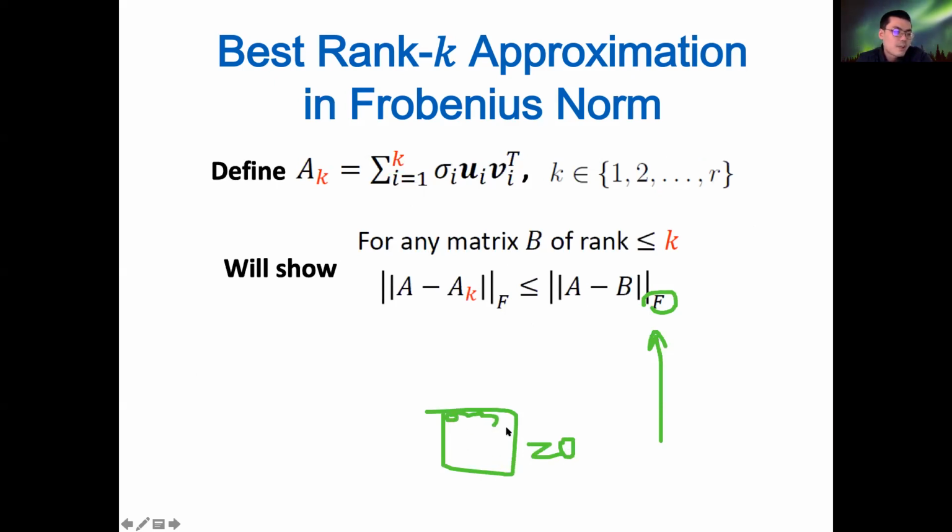And if you want to ask how far apart two matrices are, A and A_K, your first K components, you take the difference and then the sum of squares. If they are equal, it will be 0. The more different they are, the larger this value will be.